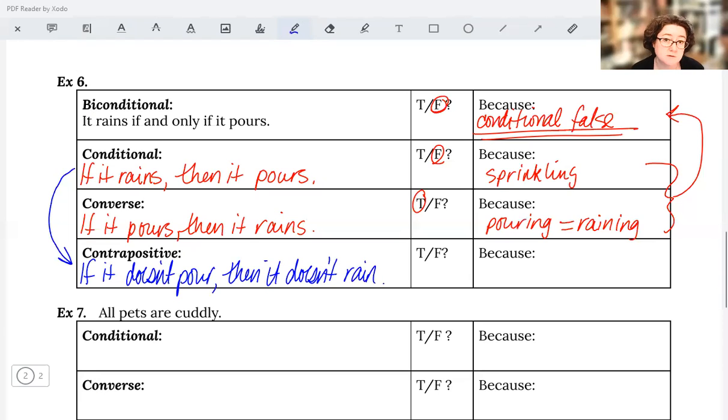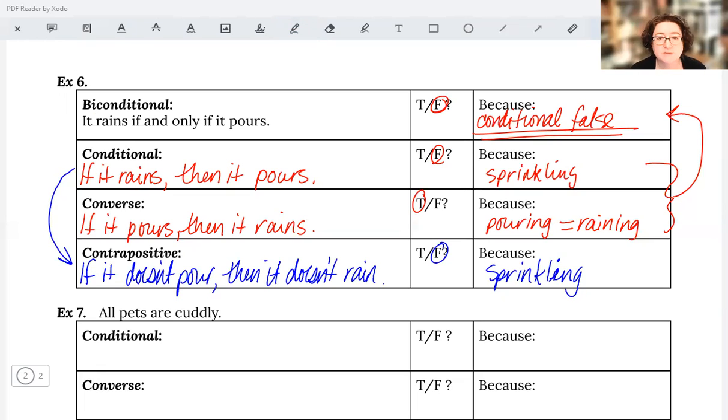True or false? Well, again, what if it's sprinkling outside? That's still technically raining, but it's not pouring. So I'm going to say false because of the same exact counterexample that I used for the conditional.